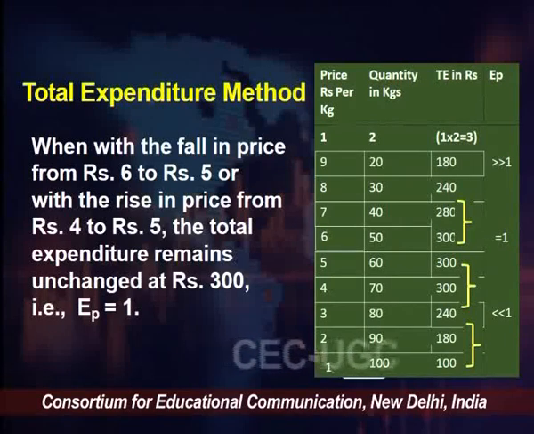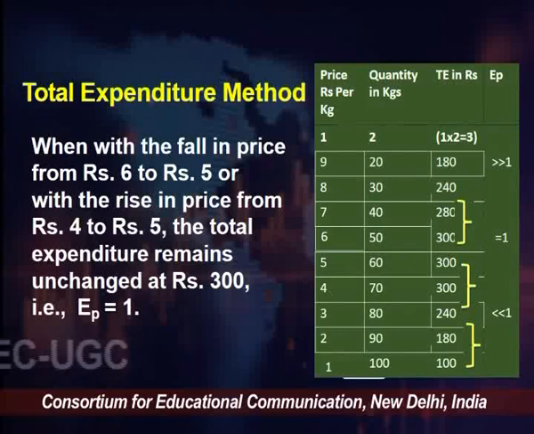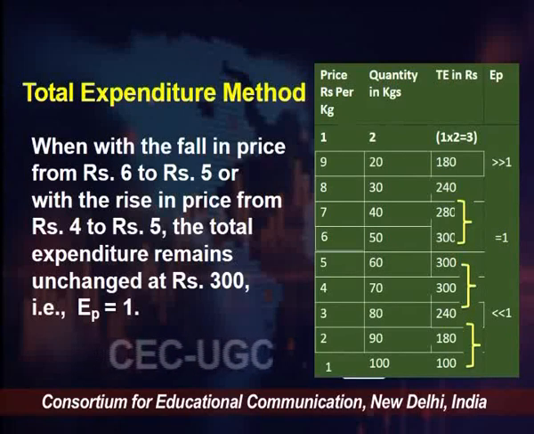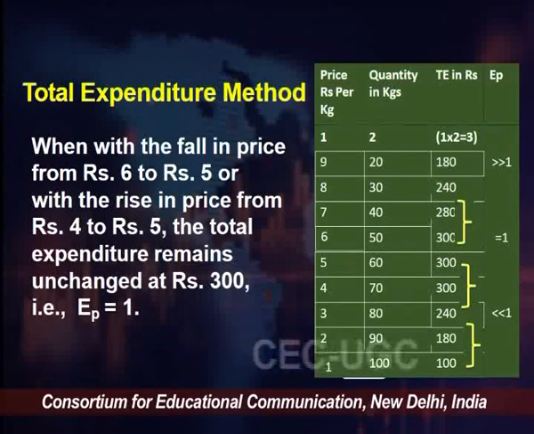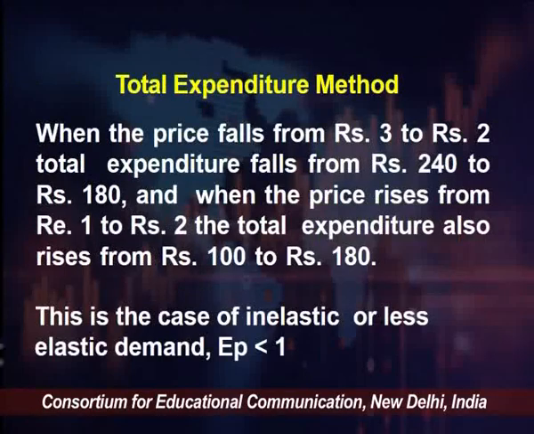And similarly, when price rises, then also you are adjusting your demand in such a way that again the expenditure is the same. So, in this case, elasticity of demand is equal to 1. When price falls from 3 rupees to 2, total expenditure falls. That means when price is going down, expenditure is also going down. So, in that case elasticity of demand is less than 1.